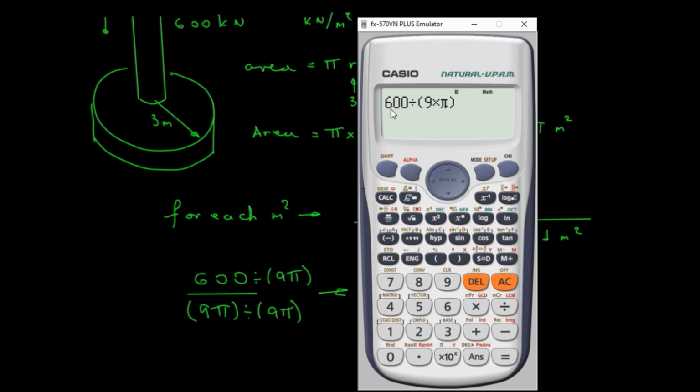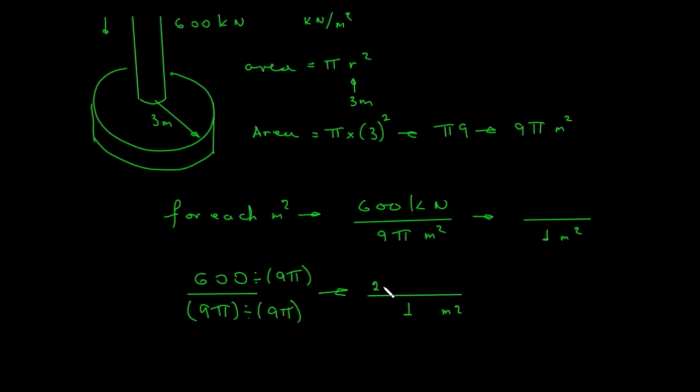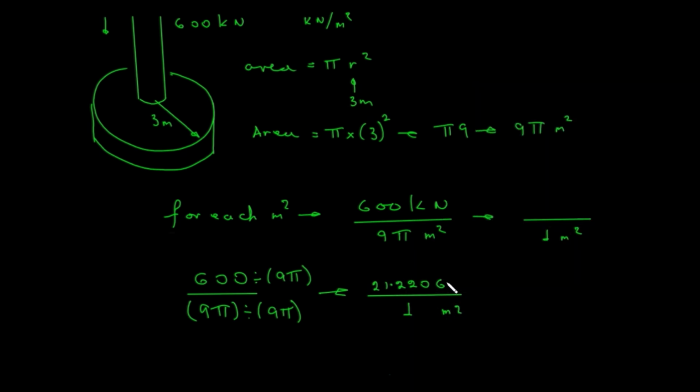So now it is dividing by that lot there, and we get this answer: 21.2206 and the digits go on.